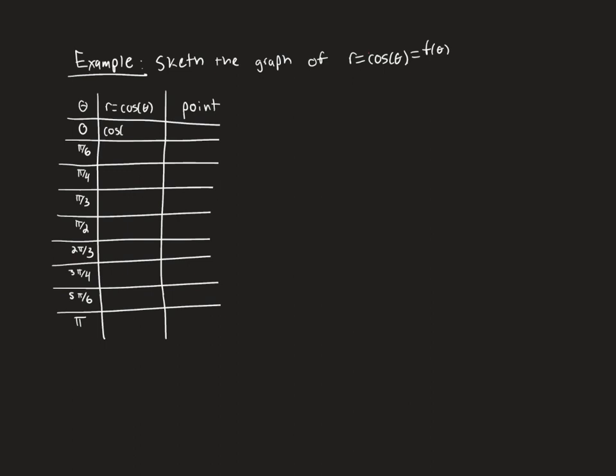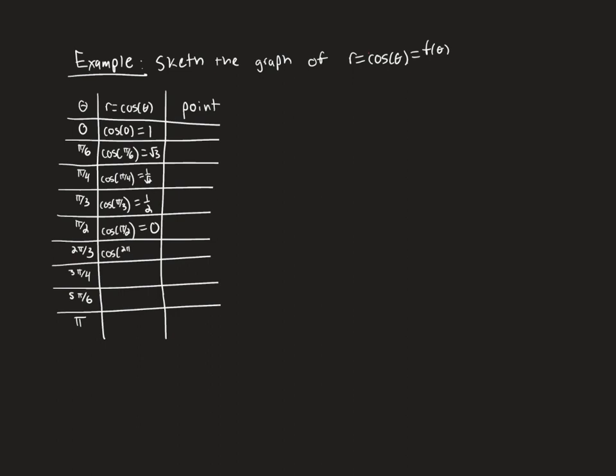Cosine of 0 is 1. Cosine of pi over 6 is, what's that, square root of 3. Cosine of pi over 4 is 1 over root 2. Sorry. Cosine of pi over 3 is 1/2. Cosine of pi over 2 is 0.